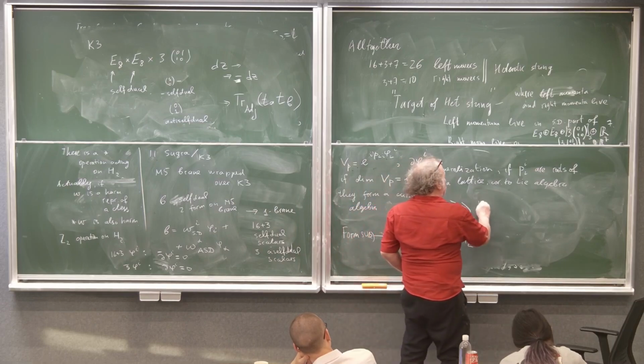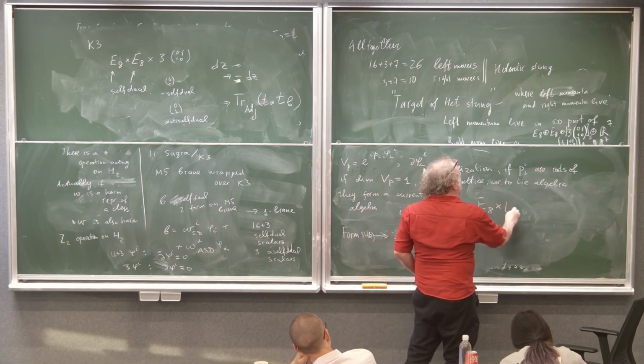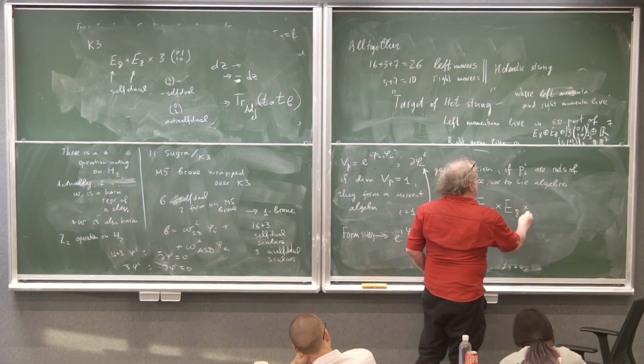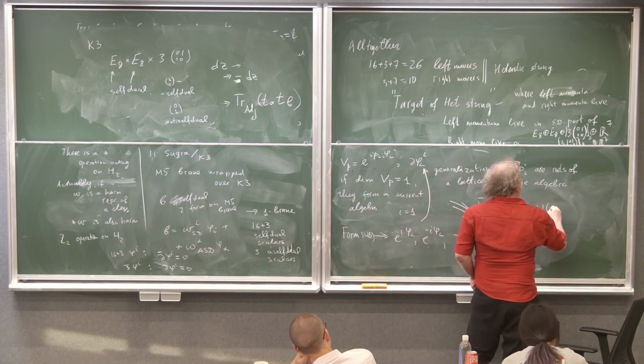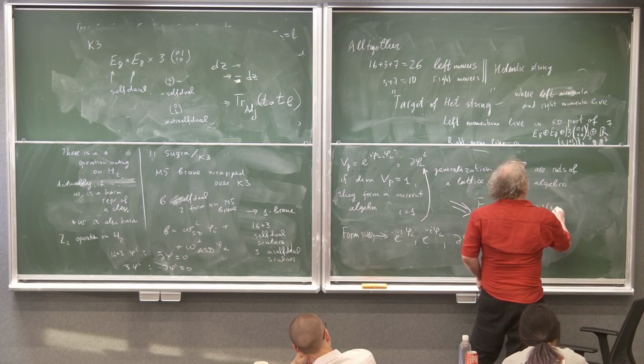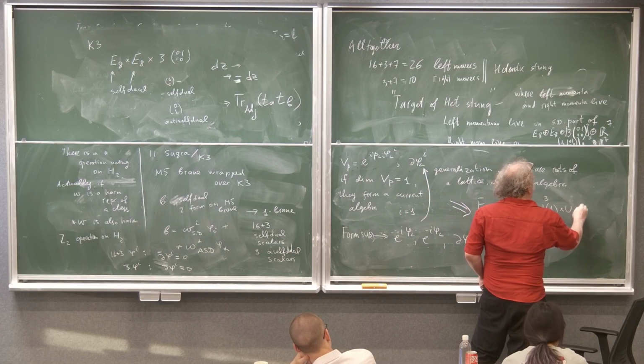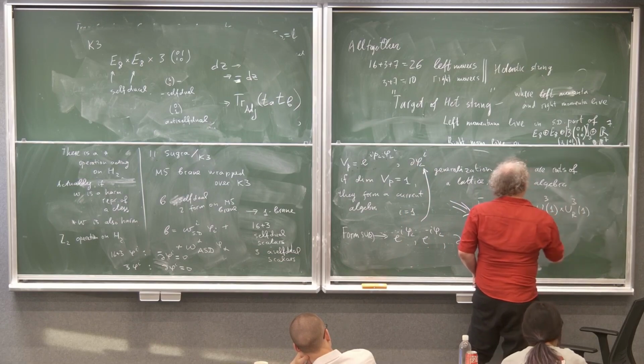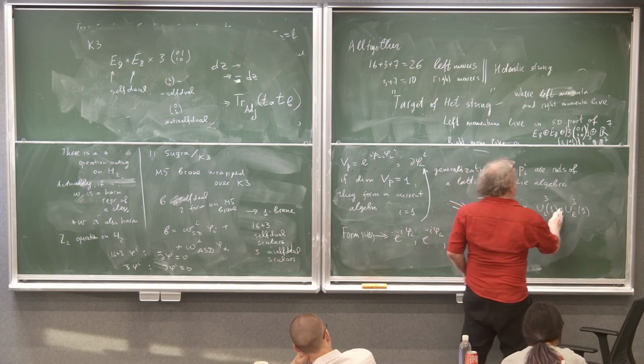You will get E8 times E8 times U1 left cubed times U1 right cubed.